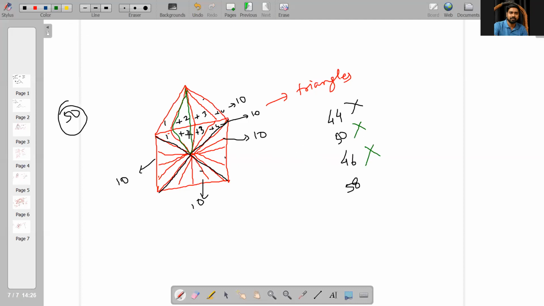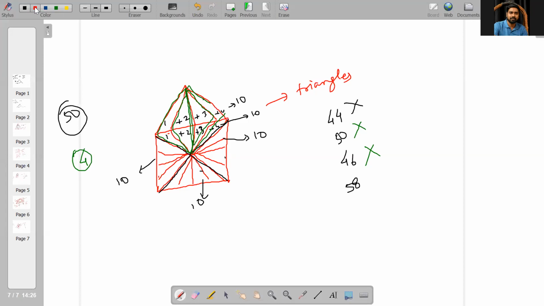Okay. Now let's look at this. One triangle, two triangle. Then again, from taking the base out here, then 3 triangle, then 4 triangles. Any more triangles being formed? Yes. Which triangles are being formed?